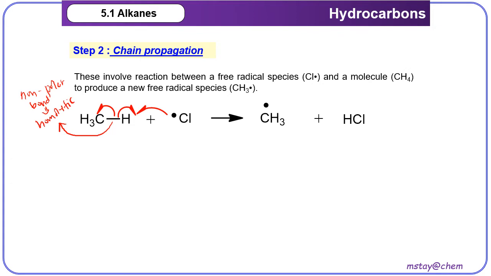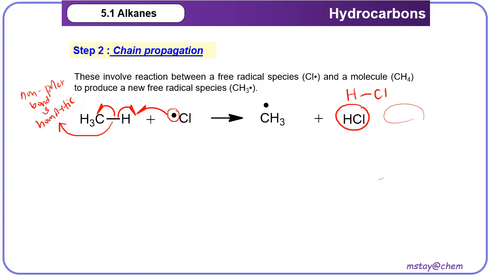This time we show that this first arrow shows the one electron from the free radical of the chlorine will go and meet with the electron gained from the hydrogen to form one bond between hydrogen and chlorine. So it's over here, hydrogen and Cl.